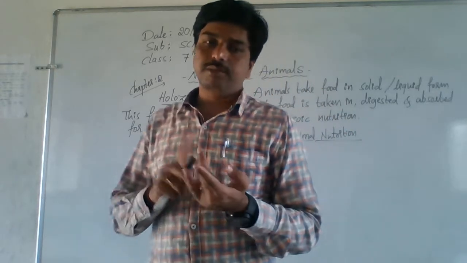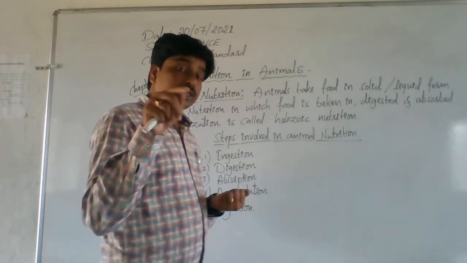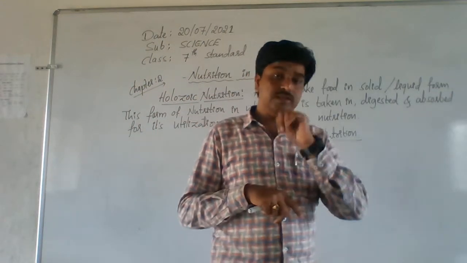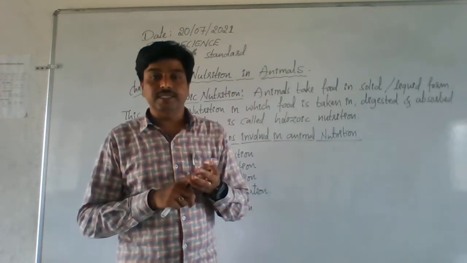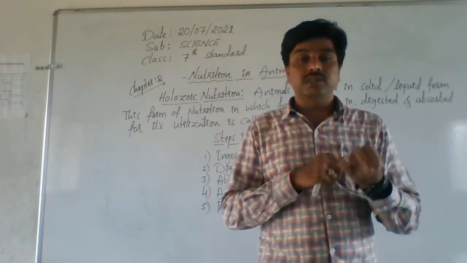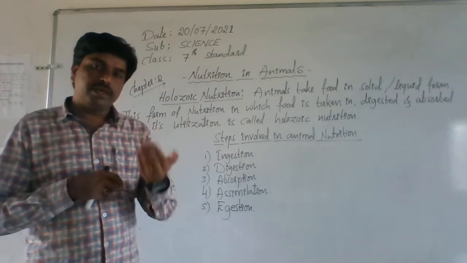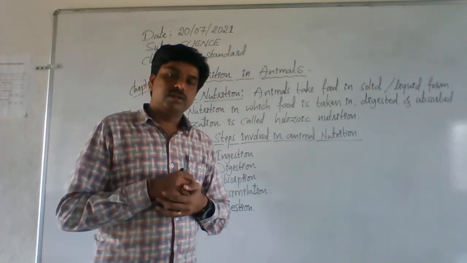Four kinds of plants are there, depending upon their nutrition method. Understand?